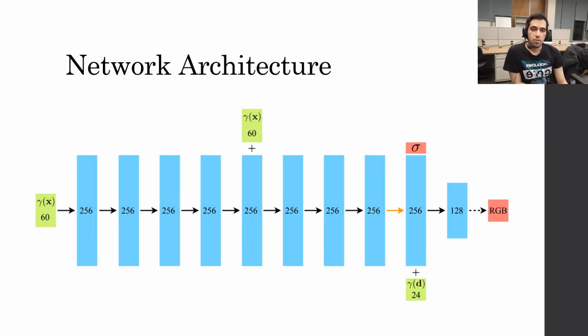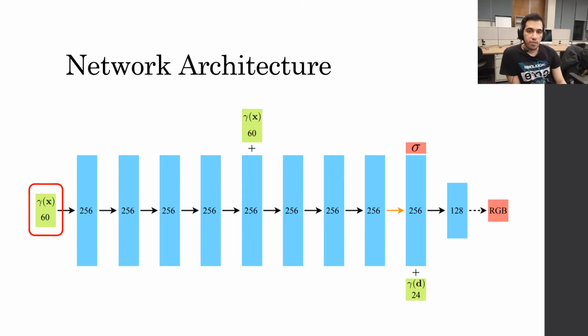Okay, in the next step, we're going to talk about our network's architecture. The input is going to be gamma x. X is the 3D position vector, which consists of x, y, and z. However, we were using our position encoding, which increased our data points from a low dimensional space to a high dimensional space.